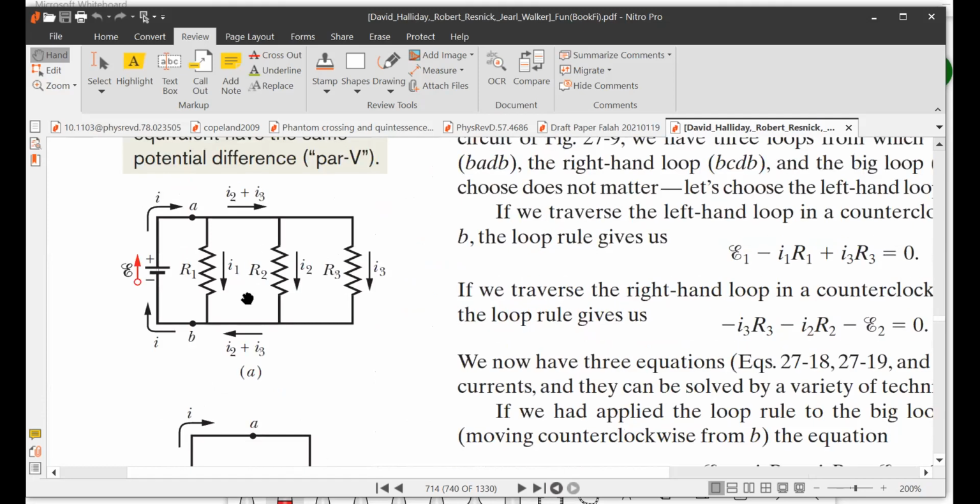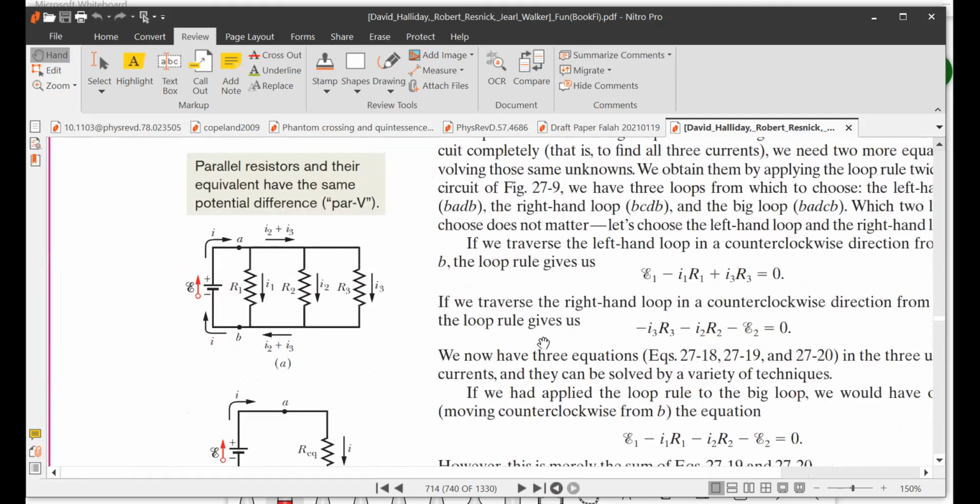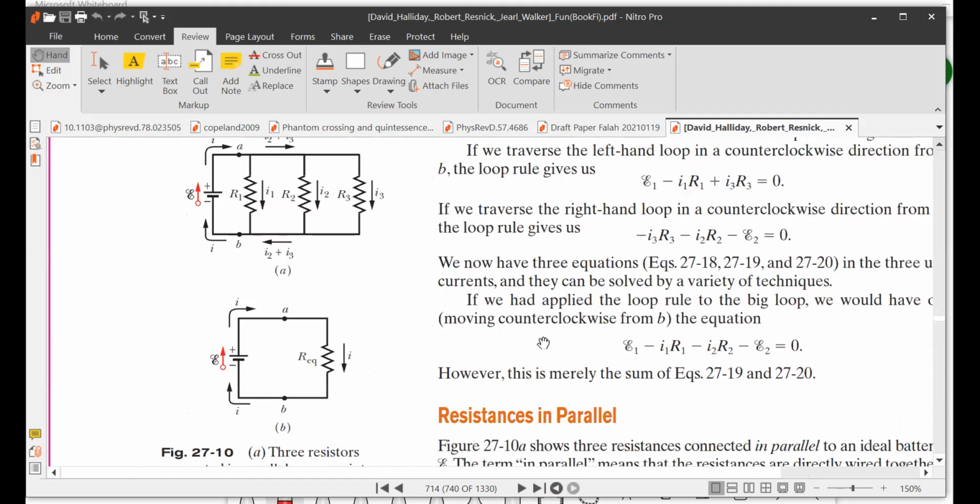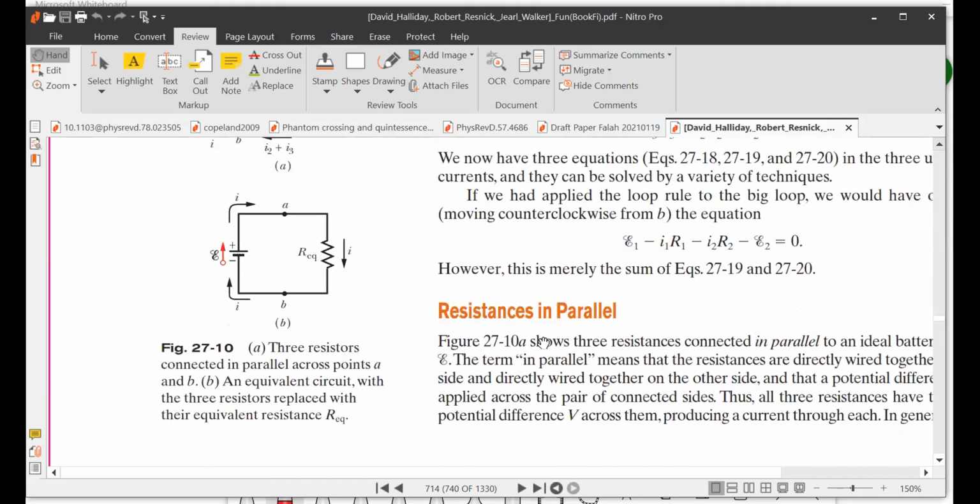We have the combination of this voltage source and the parallel circuit of resistors. In figure 27-10A, three resistors in parallel are equivalent to this R_eq, capital R_eq, which means the equivalent resistance. Okay, so this can be computed.